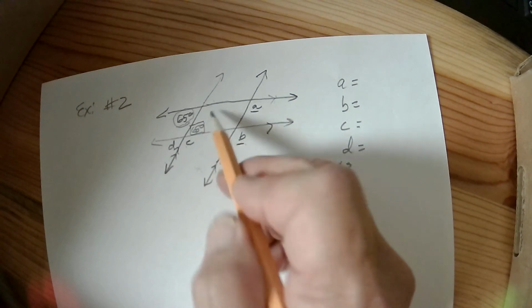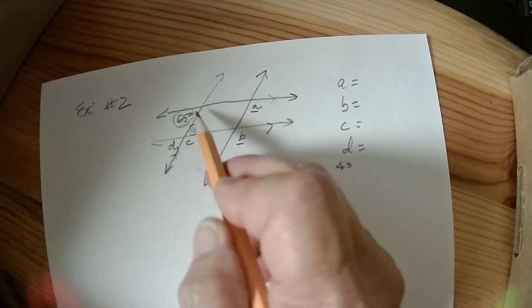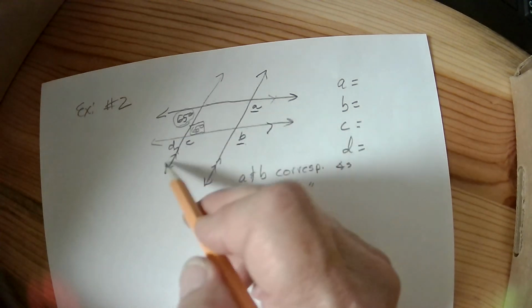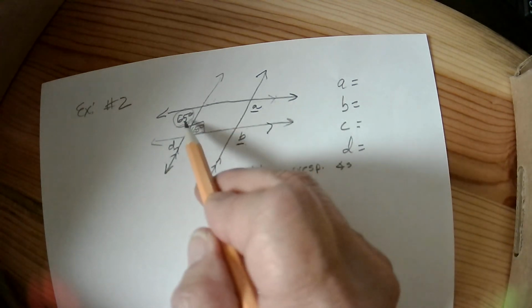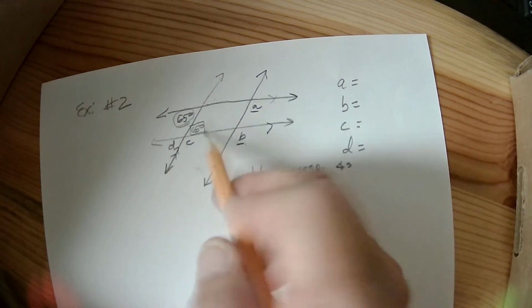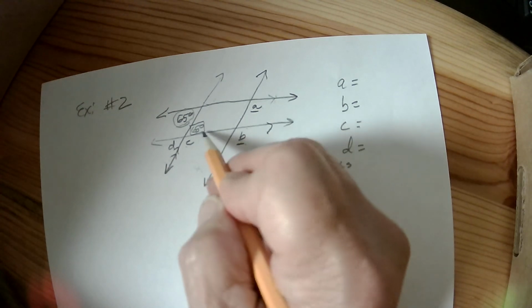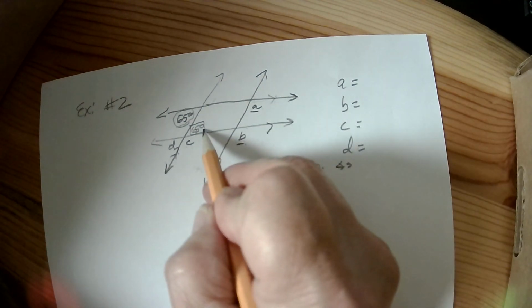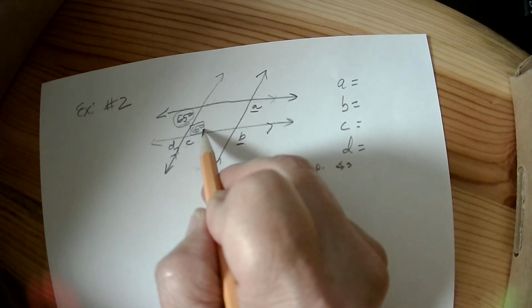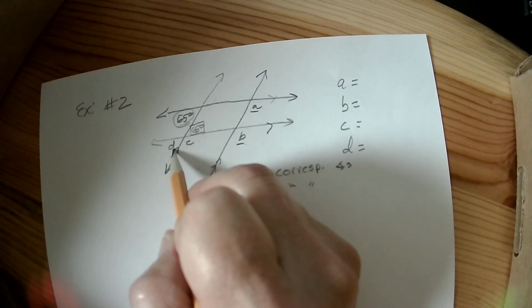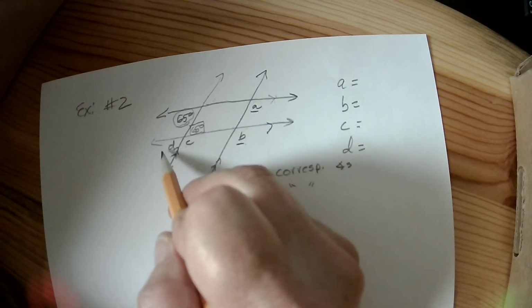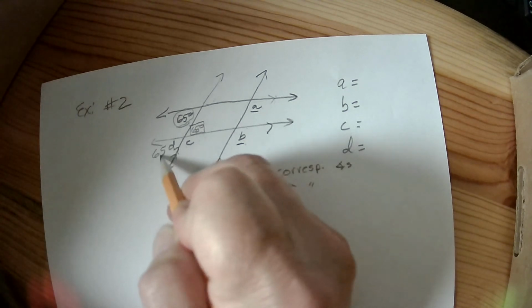You're on the inside of these two parallel lines on alternate sides of that transversal. So if this is 65, this is 65, you can't really see that number, I'm sorry. And if this is 65, isn't D also 65? Those are vertical angles. So D is 65.